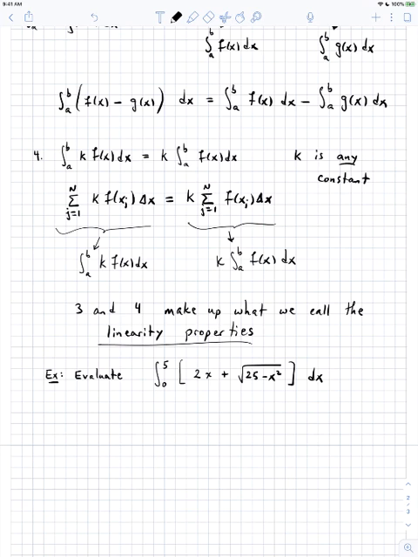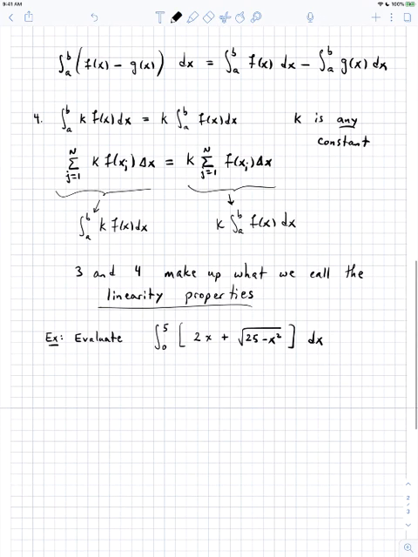Now perhaps at first it doesn't look like we know how to do this, because right now we only have 2 methods at our disposal for computing definite integrals. One, using the limit of Riemann sums, which is always difficult to do, even under the best of circumstances. And the second method is to reinterpret things in terms of area under the curve. Now, finding the area underneath this curve might be a bit challenging.